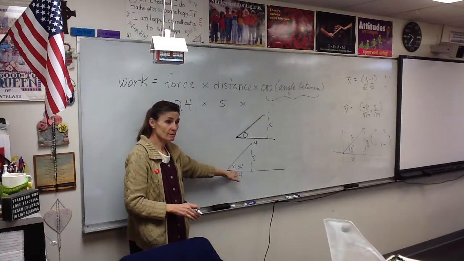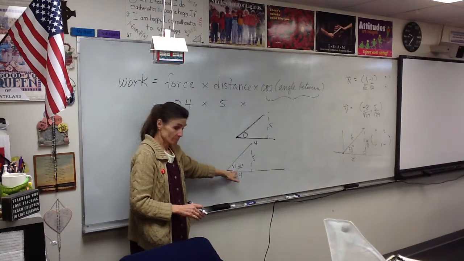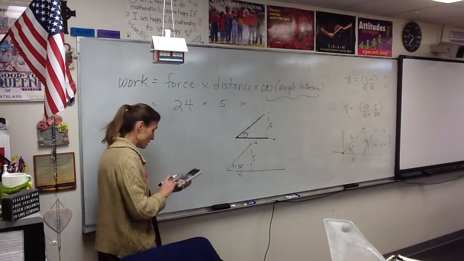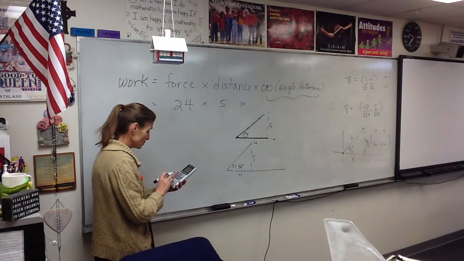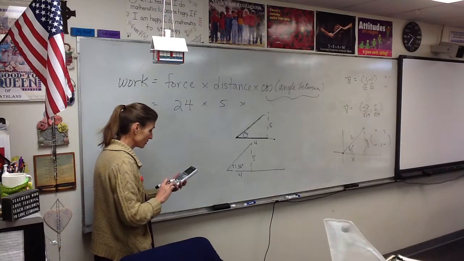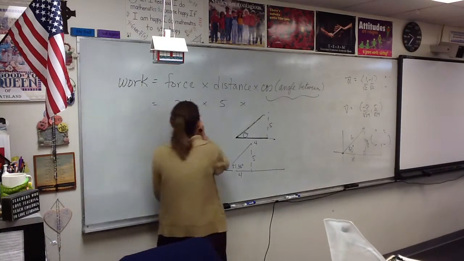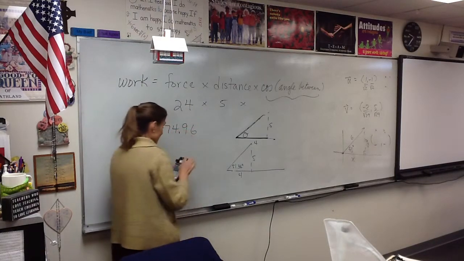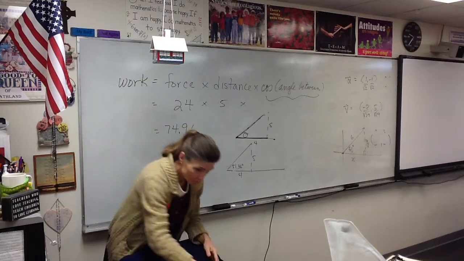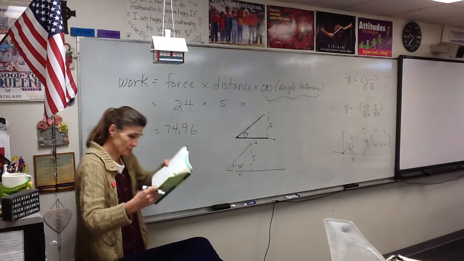What's the angle between? Yep, so I'm going to take 24 times 5 times the cosine of my answer. And the work is 74.96. And usually the unit on that is foot-pounds.